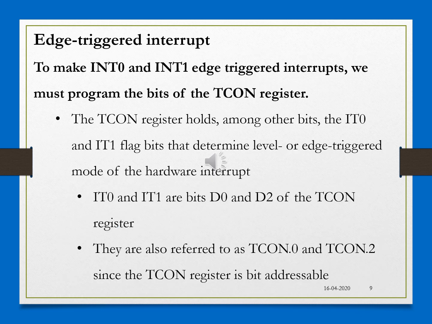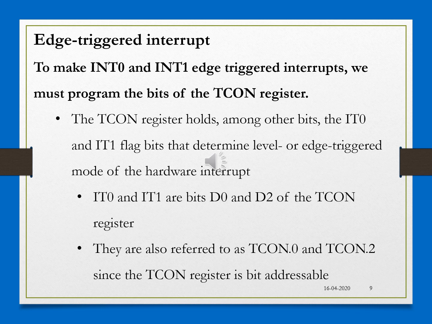So if you want the interrupts to be edge triggered, then you have to look at the corresponding bits of the TCON register. I hope you recall the TCON register. There are bits called IT0 and IT1. These flag bits indicate what type of interrupt triggering you want to consider.